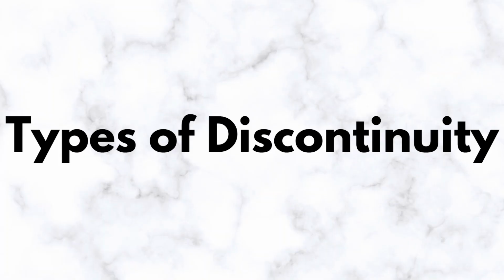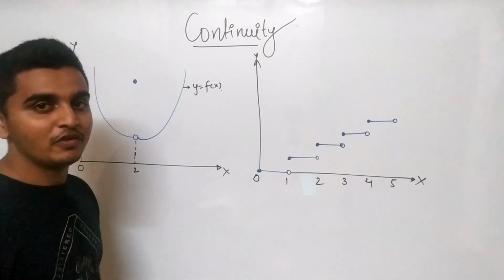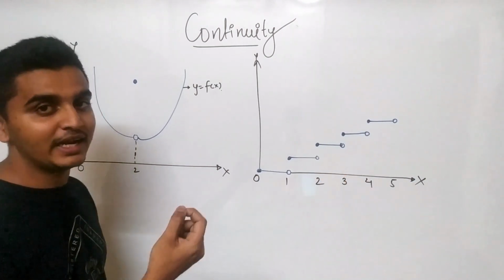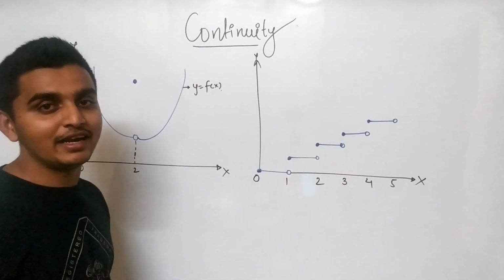So we take a look at the two types of discontinuity. We know that if we come from the left-hand side, it is called the left-hand limit. If we come from the right-hand side, it is called the right-hand limit.